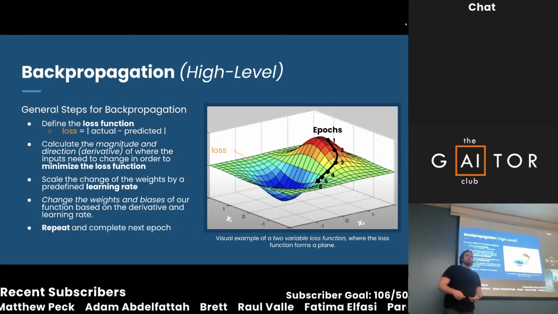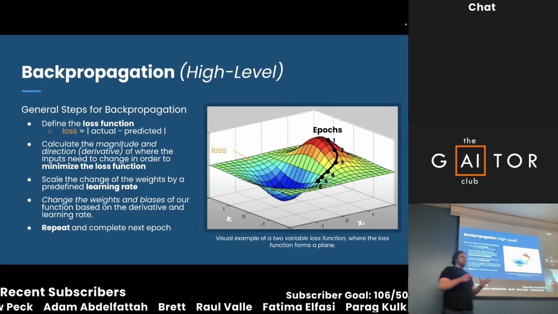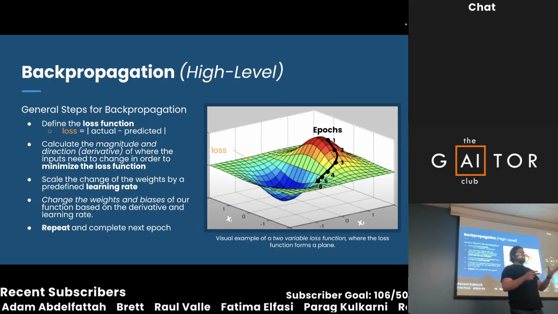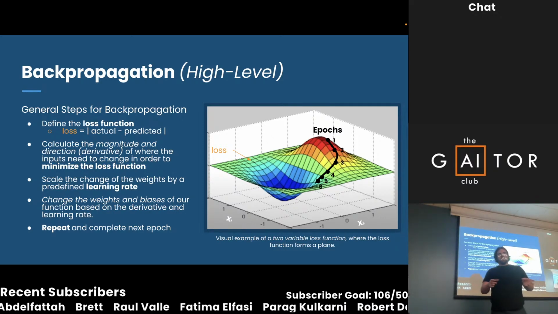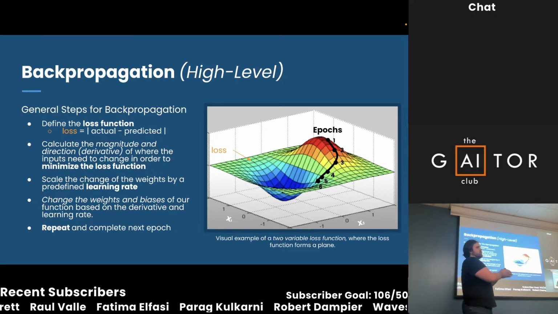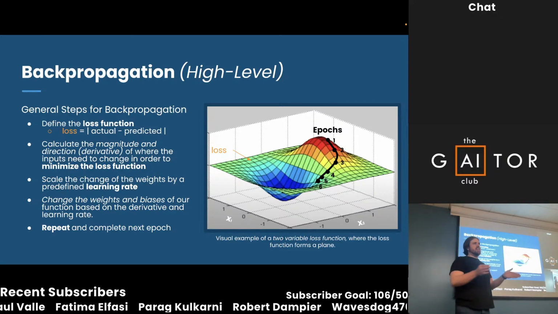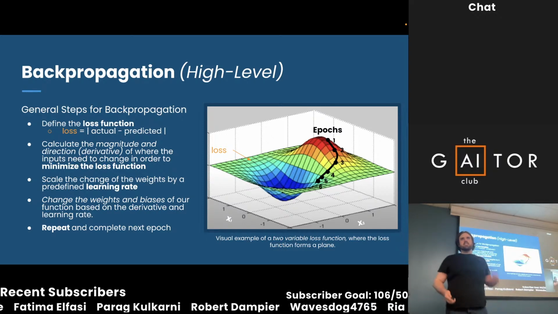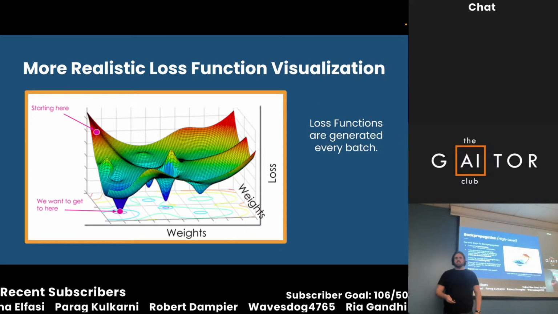A batch in machine learning is a set of data that defines its own loss function, and an epoch is each time it goes through the entire data set in training. So that's the definition of them.